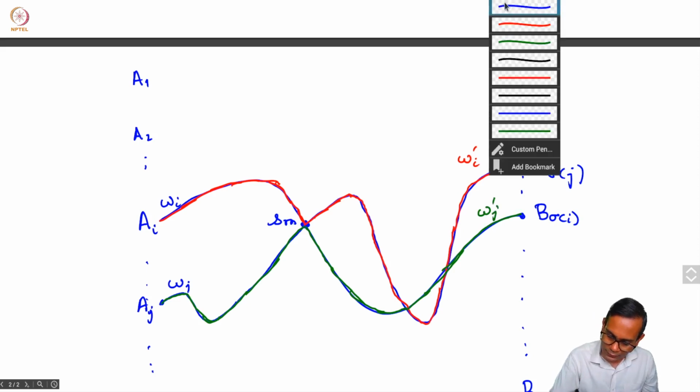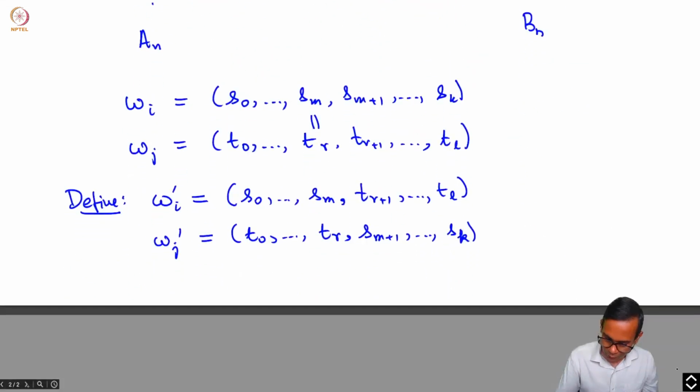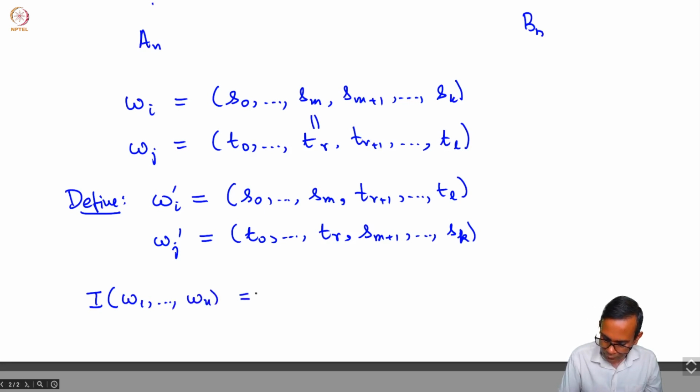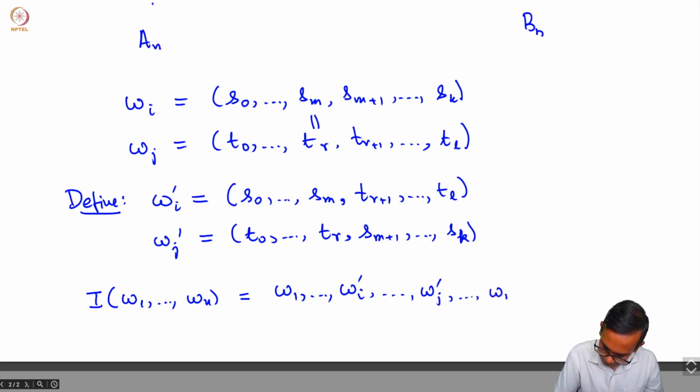And what we have is that, now we'll define I of omega 1 up to omega n to be omega 1 up to omega n where we replace omega I by omega I prime, we replace omega j by omega j prime, and we keep all the other paths the same.